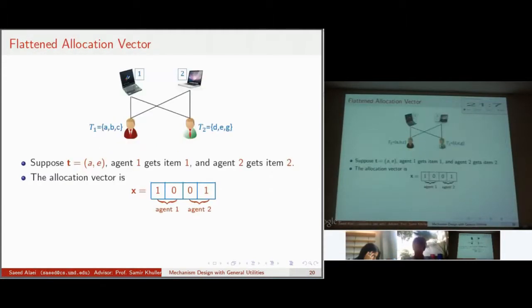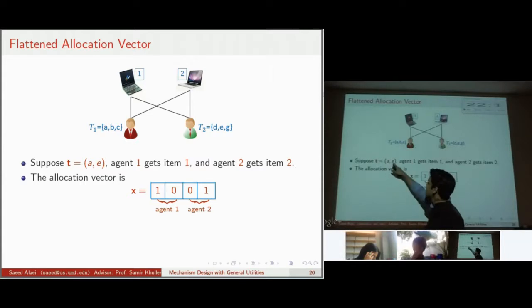Okay, so before going further, I want to define how we represent the allocation vector. For example, suppose we have a matching problem, and each agent has 3 types, and suppose this is the profile of types that were reported.